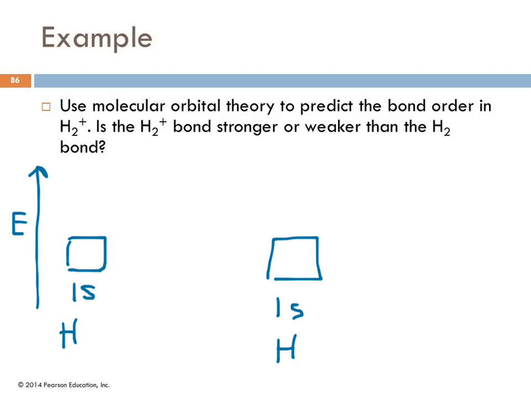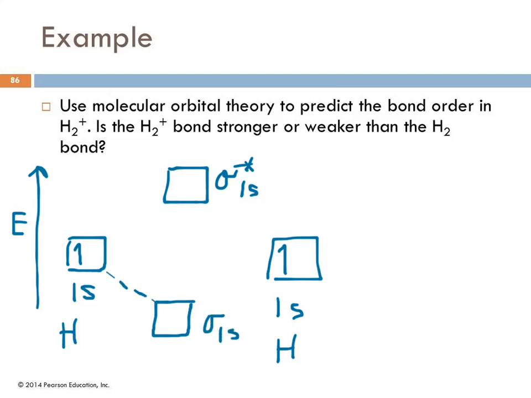So if we just have hydrogen atoms, they would each have 1 electron. And then when the atomic orbitals combine, we're going to get 2 molecular orbitals. One is lower in energy, one is higher in energy. This is the sigma star 1s, and this is the sigma 1s. And then oftentimes we draw these little dashed lines to show that those orbitals came from these two. So that would be H2 we would be looking at.